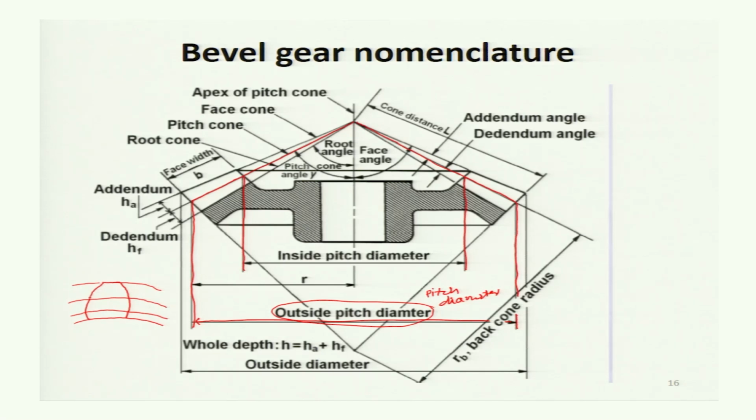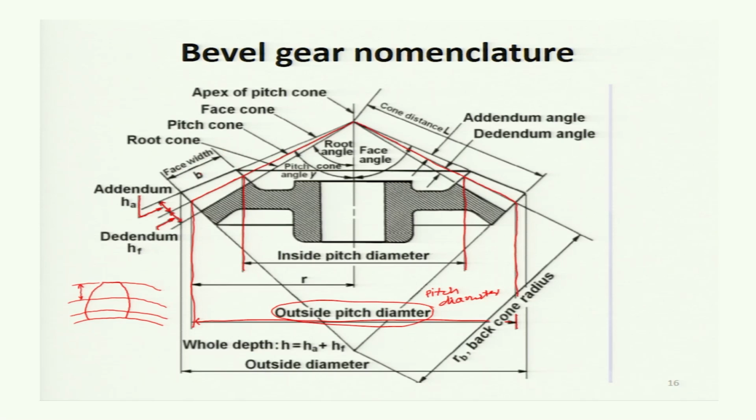The height of the gear tooth at the big end from the pitch circle to the addendum circle, this outside circle, is called the addendum. Similarly, the bottom part is the dedendum. Addendum is called HA and the dedendum is called HF. Along the pitch, the length of the gear tooth is called the face width B.